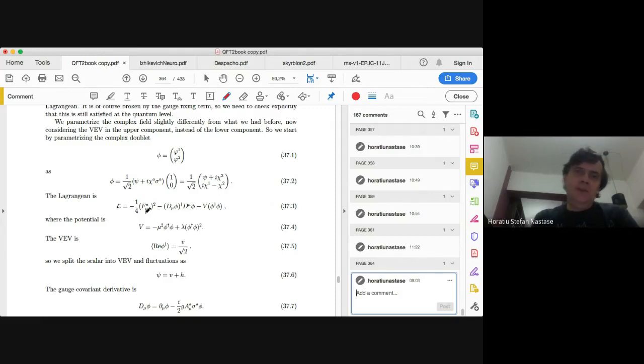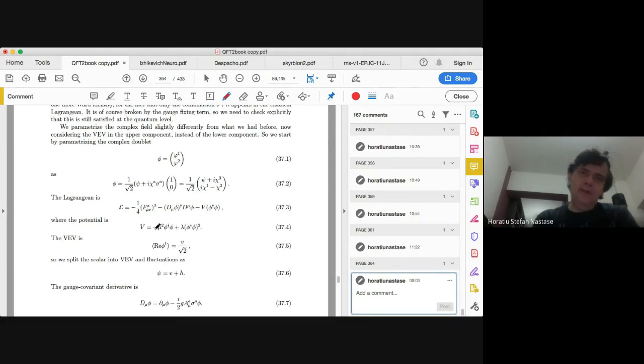The Lagrangian is, as usual, the gauge field part, minus 1/4 F a mu nu squared, the Higgs doublet kinetic term, minus D mu phi dagger D mu phi, and the potential part, minus V of phi dagger phi, where V is minus mu squared phi dagger phi plus lambda times phi dagger phi squared.